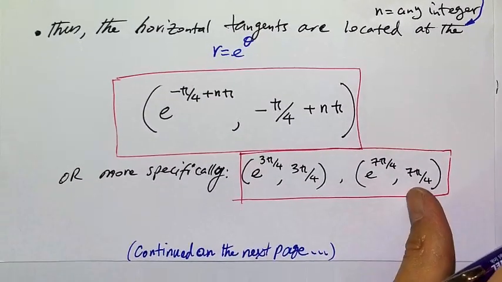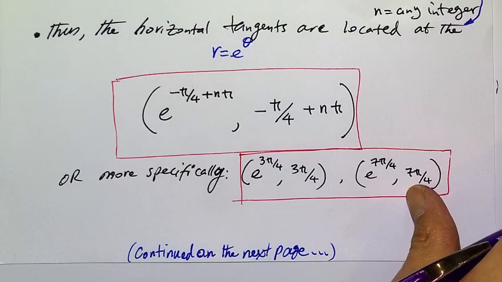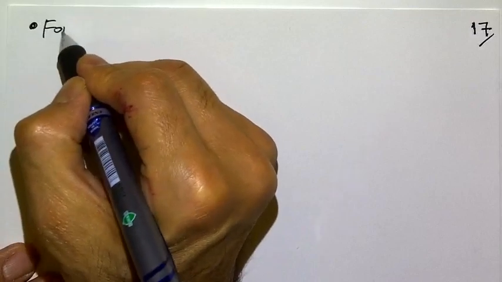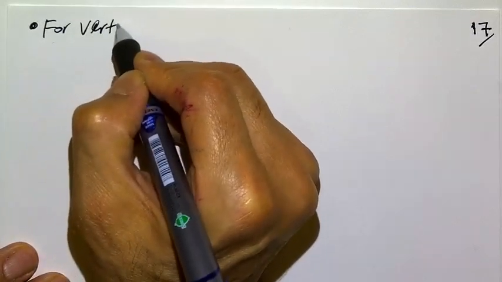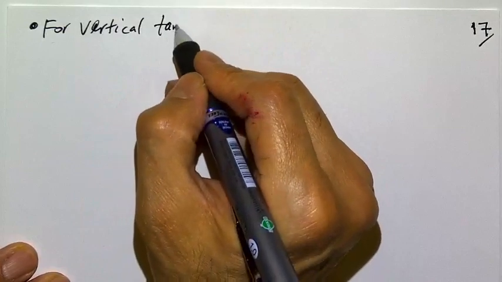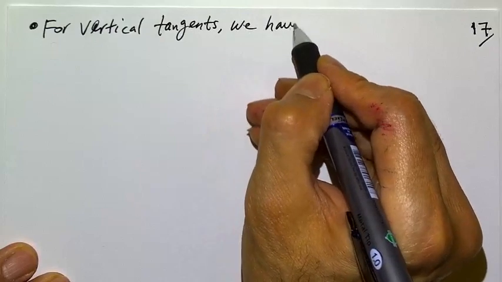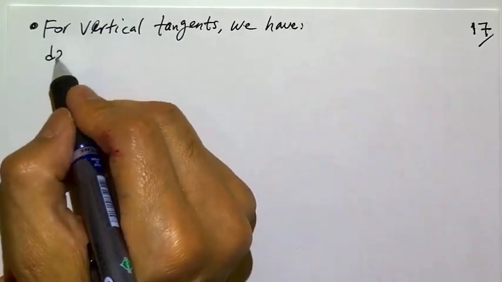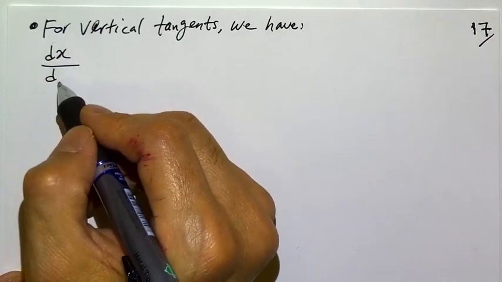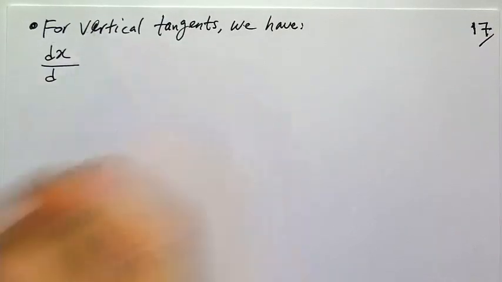All right, so now let's look for the vertical tangents. So we have to calculate dx d theta and see where that is going to be equal to 0.